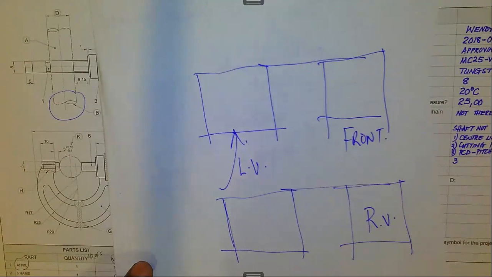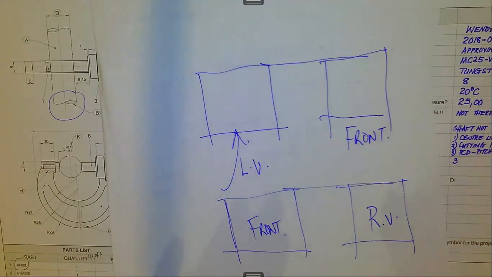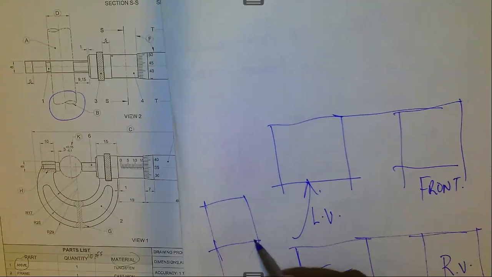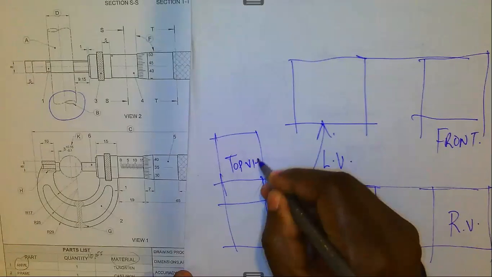You need to make sure that you understand, given two views, one on top of each other, in third angle orthographic projection in paper 2, automatically this is our top view and this is our front view.